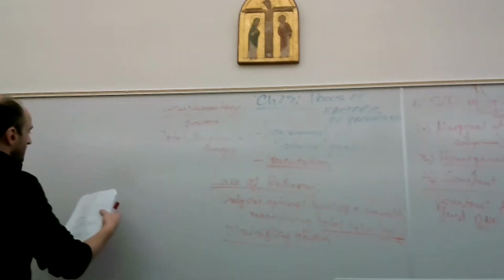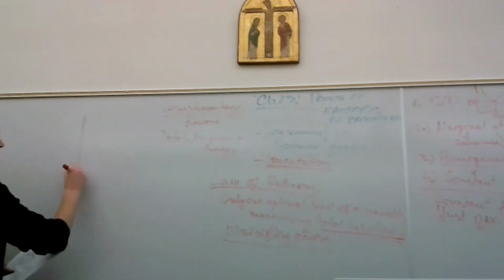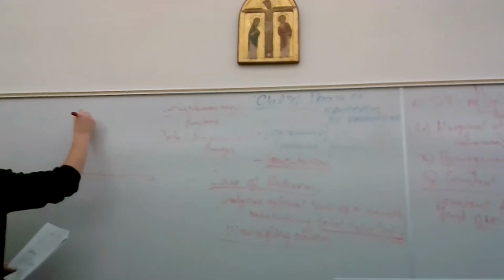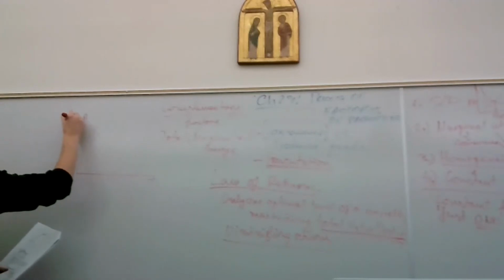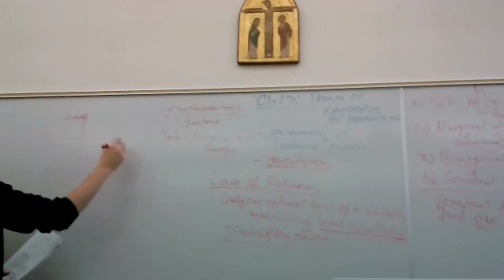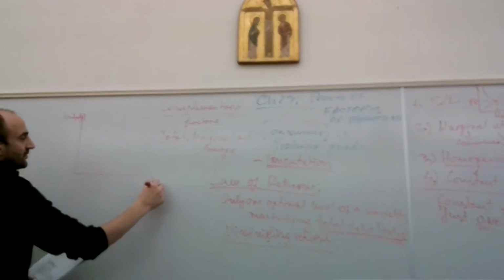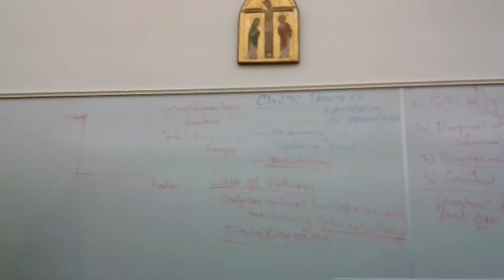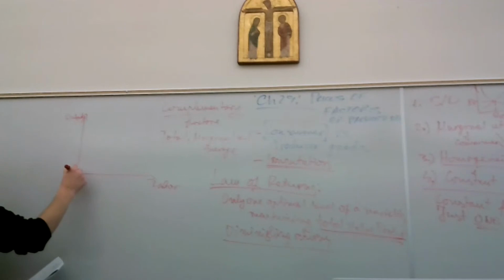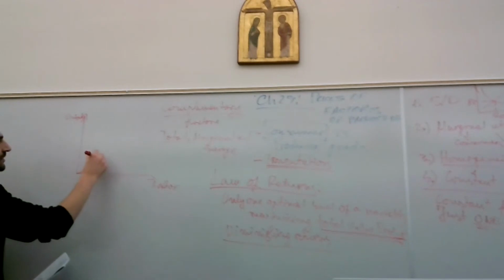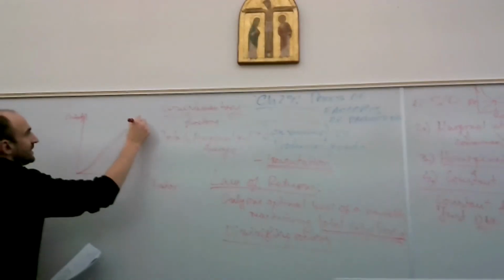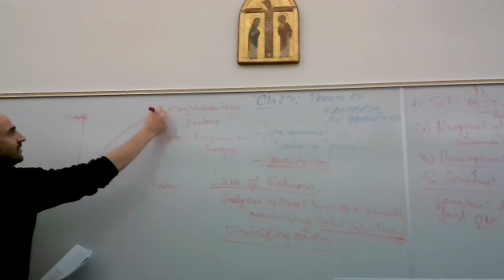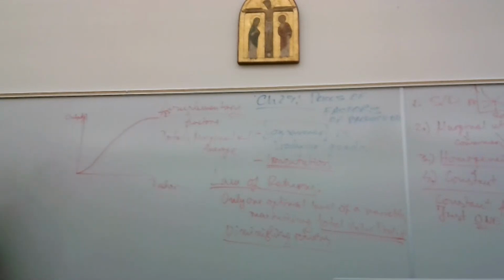So if you imagine here the graph where the output or productivity is on the vertical axis, here is the unit of one variable factor, let's say labor. So then the total productivity curve will look something like this.